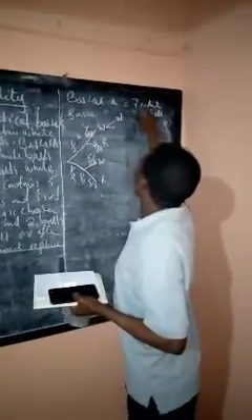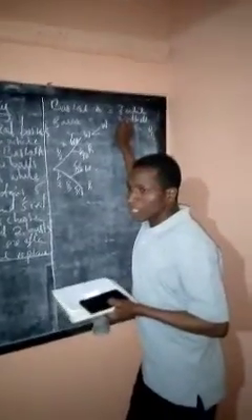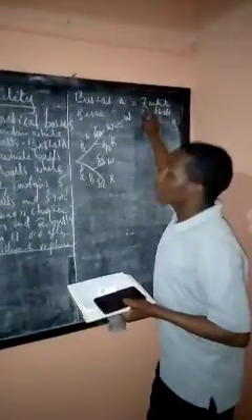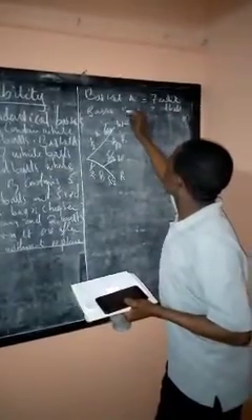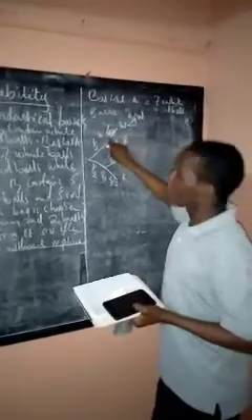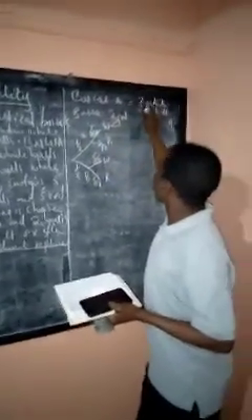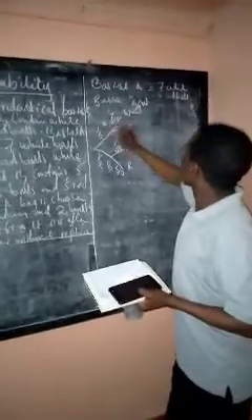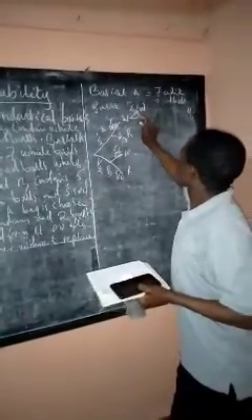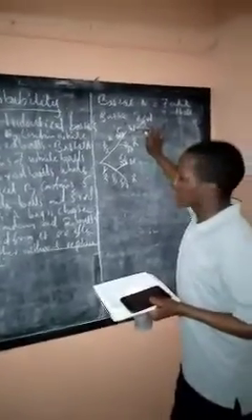If you pick a white ball from this basket, we'll be left with 6 white balls. Remember, we picked the first ball as white, so the second ball will be 6 out of 9 balls. Remember, after we picked the first time, we remained with 9 balls. So the probability of picking a white ball from the same basket the second time will be 6, the number of white balls that remained after we picked the first ball, over the total number of balls, which is 9.